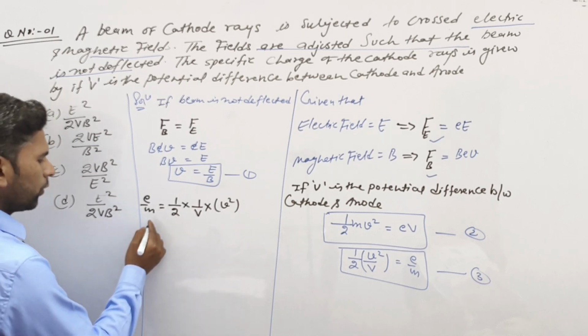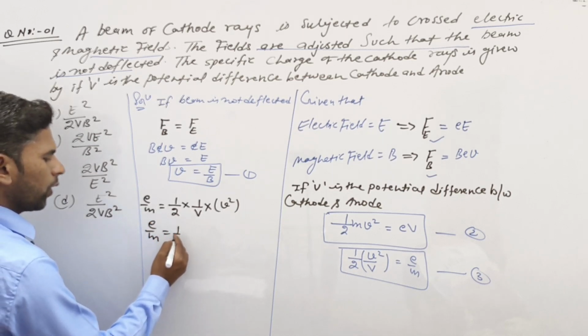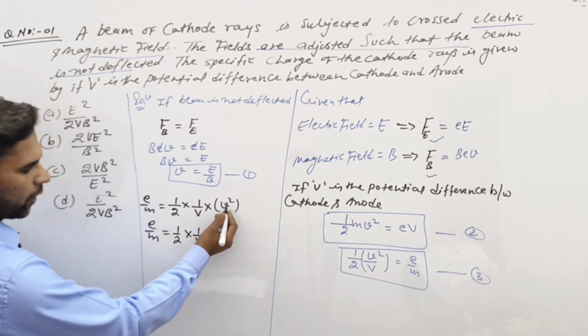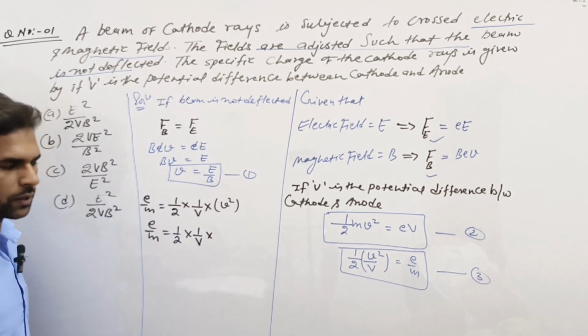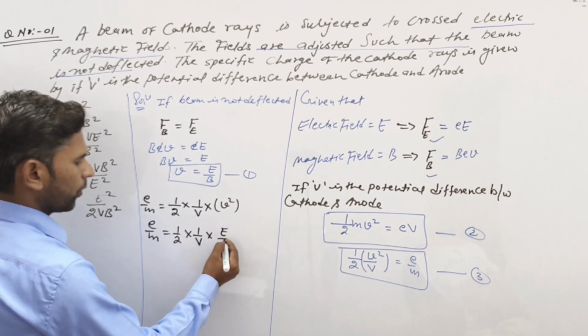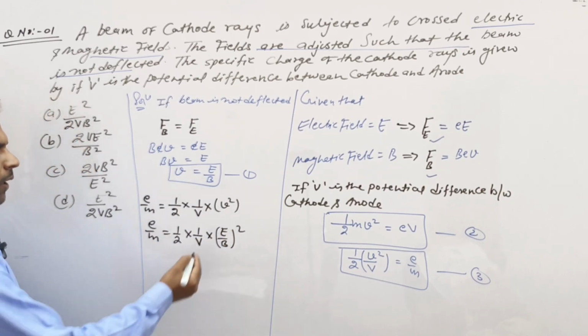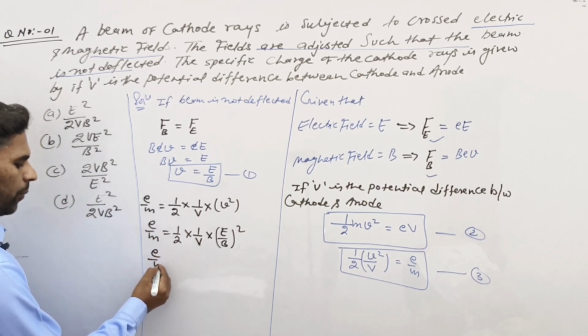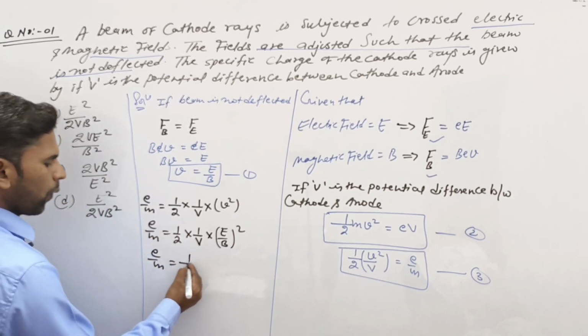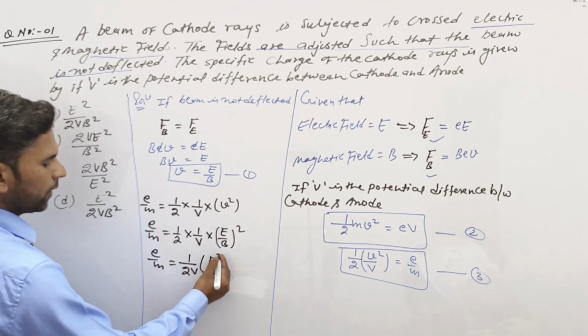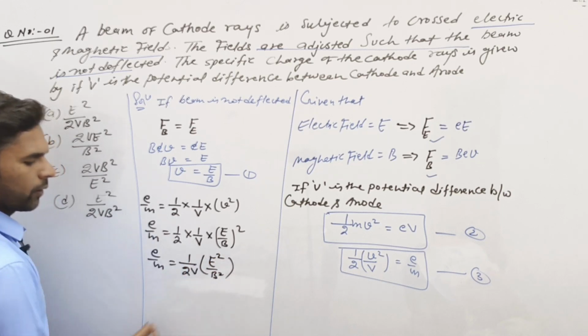Now you can put the value of small v from equation first, so you can write E upon B whole square. Now you can adjust: e upon m will be equal to 1 upon 2 V, multiplied by E square upon B square.